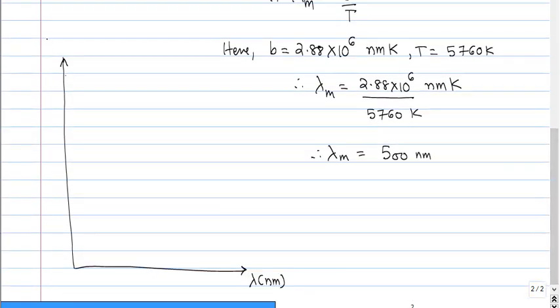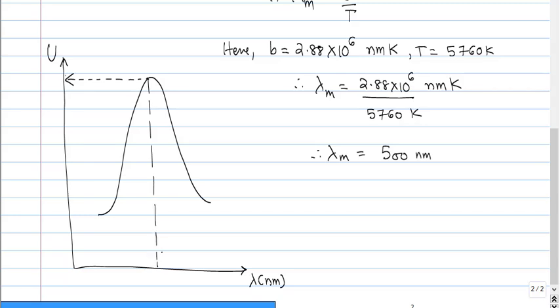So here we are plotting U, let us say. Now the curve is a bell curve which goes to the maximum. From the calculation, this is the maximum in the curve, and that happens at 500. This is what we have calculated.